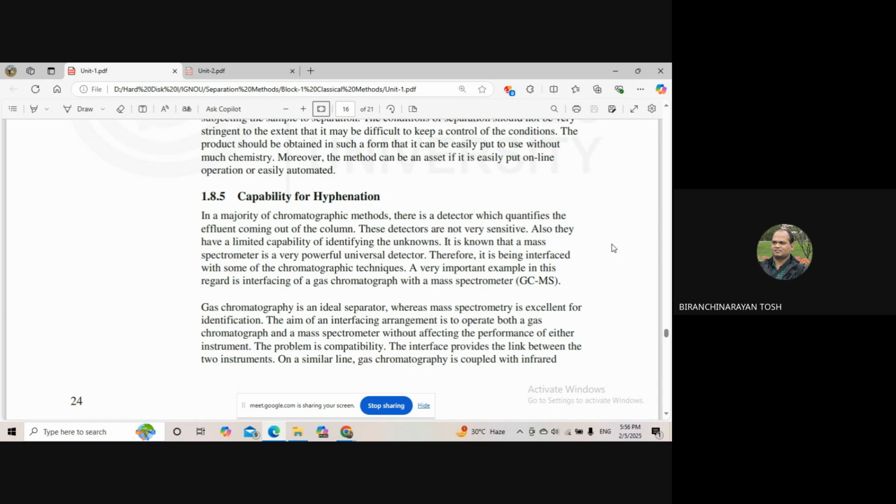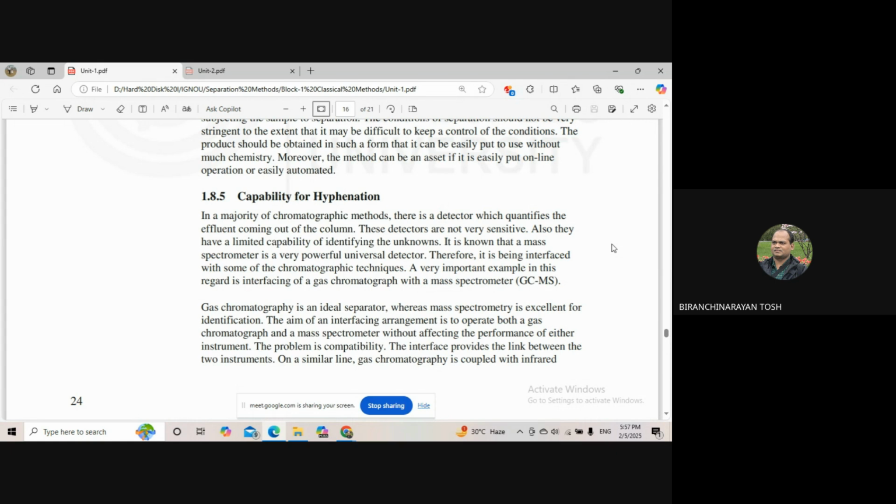Also, they have a limited capability of identifying the unknowns. It is known that mass spectrometer is a very powerful universal detector. Therefore, it is being interfaced with some of the chromatographic techniques. A very important example in this regard is interfacing of a gas chromatograph with a mass spectrometer, so GCMS.